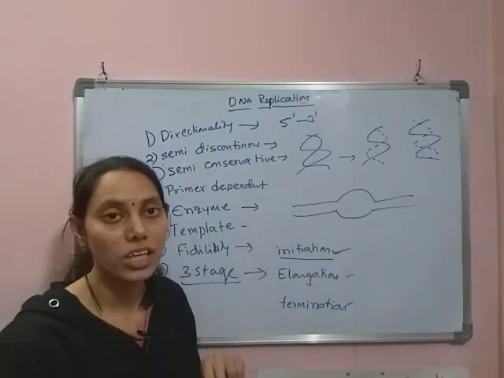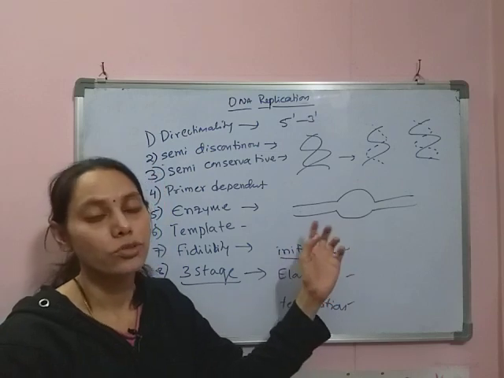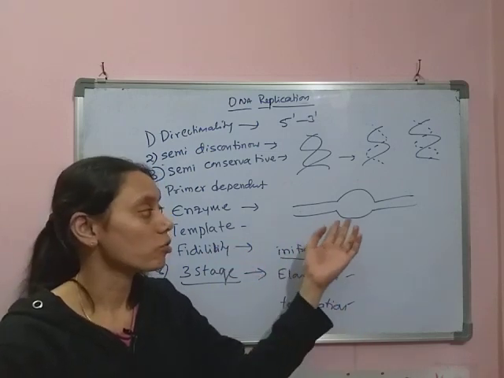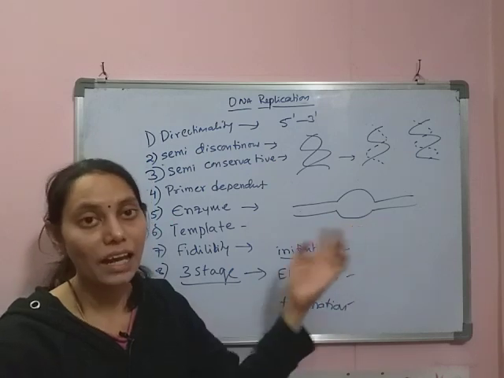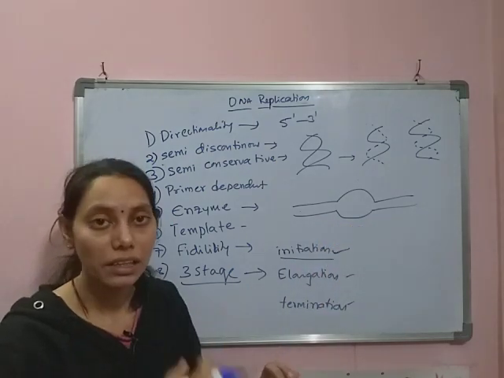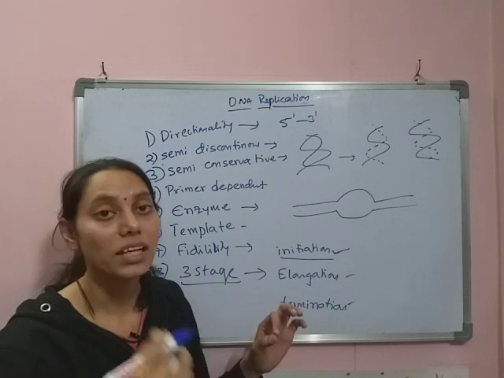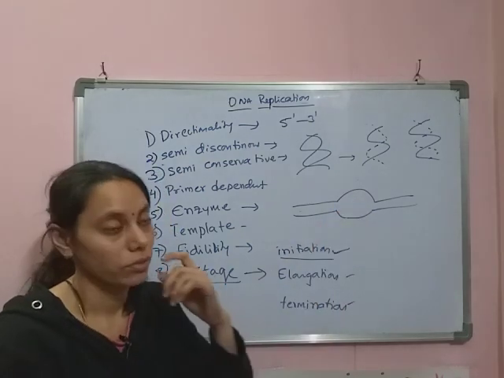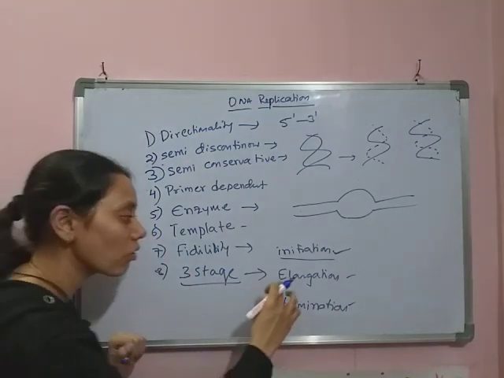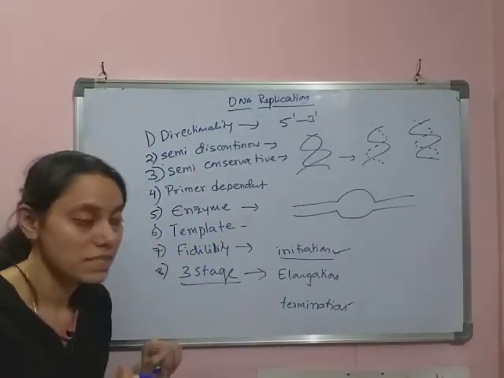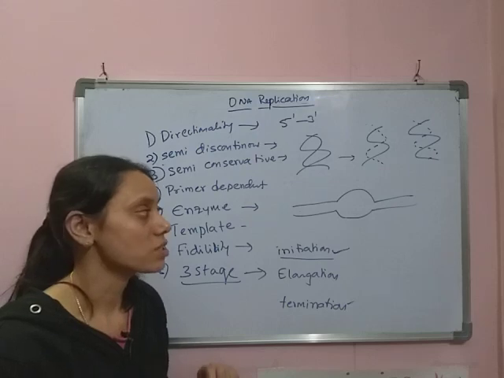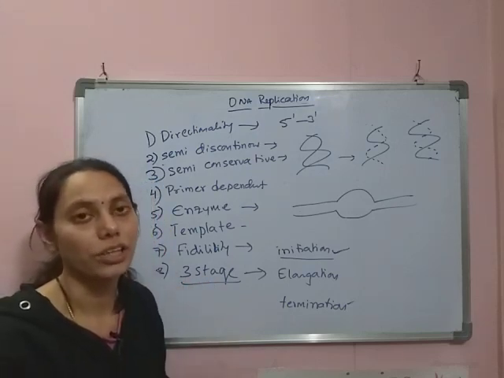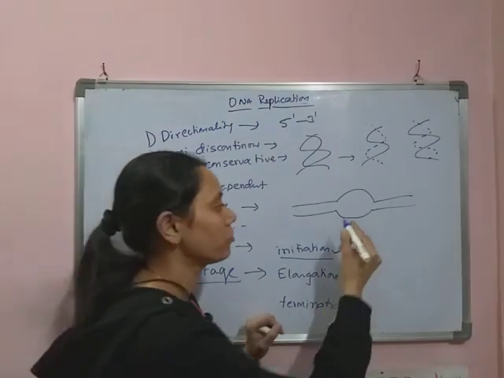So whatever changes are made in the DNA, the replicative enzyme called polymerase will be brought to the site of DNA replication and starts the DNA replication. That means it starts addition of nucleotides onto the template. And elongation is the second step. That means once the DNA replication has been initiated, it should continue.